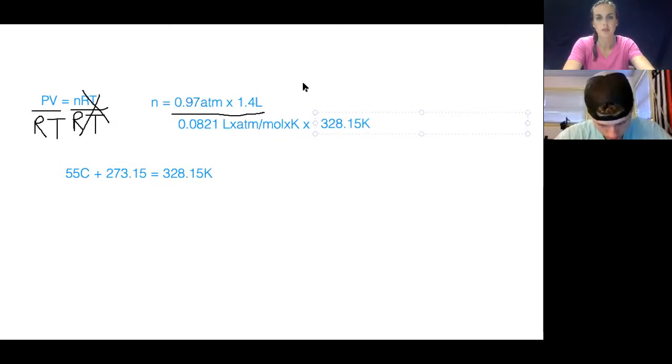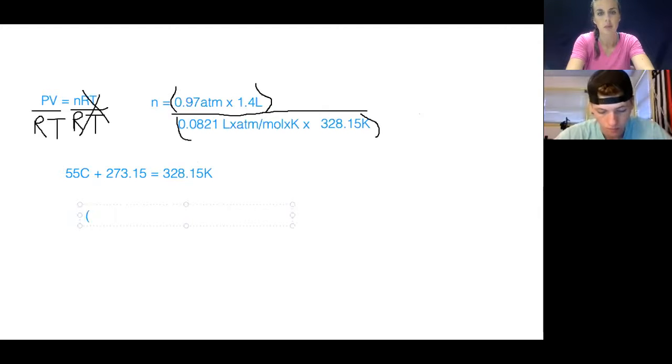Okay. So now you're just going to put all this in the calculator to figure out how many moles you have. So all of this is going to go in parentheses, and then all of this is going to go in parentheses. So in your calculator, it looks like this.